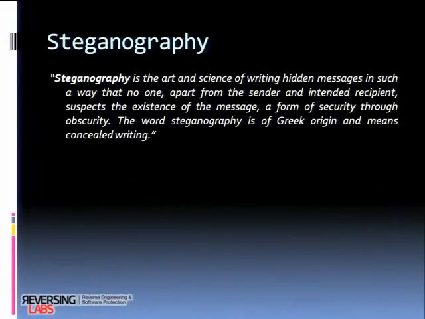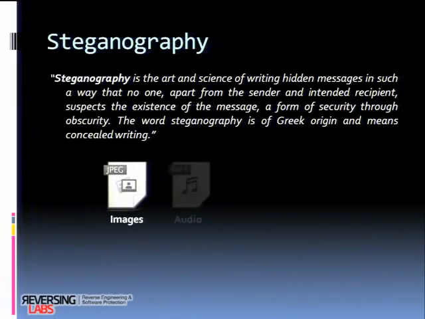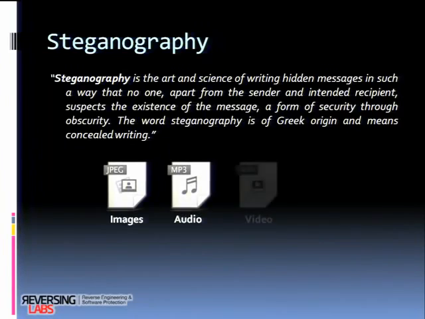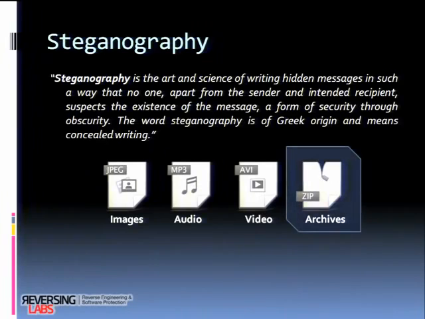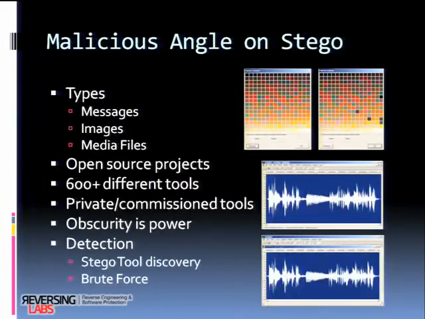So when we're talking about steganography, it's really images. It's historically been audio, more recently video, but today we will really focus on archives, or ways we can bury really big payloads into standard things.